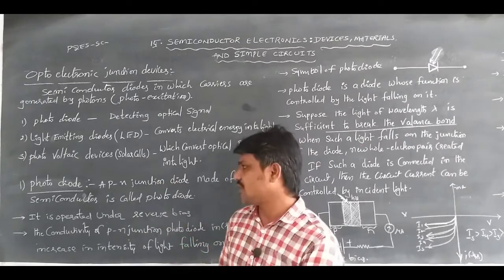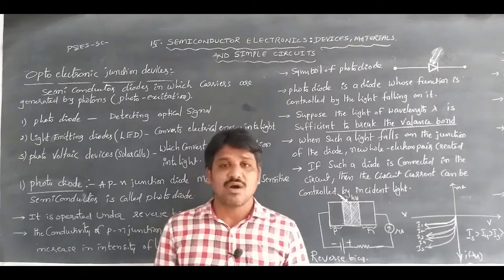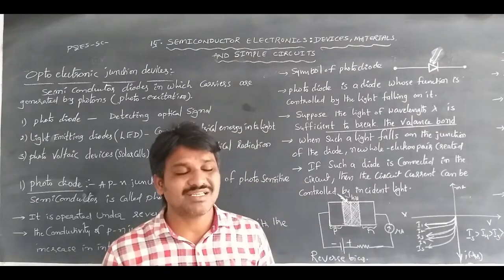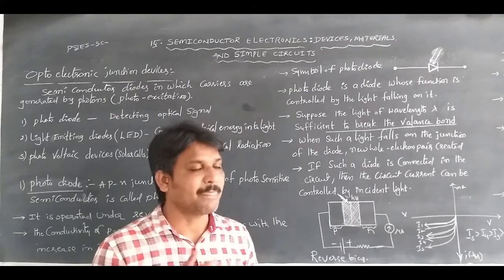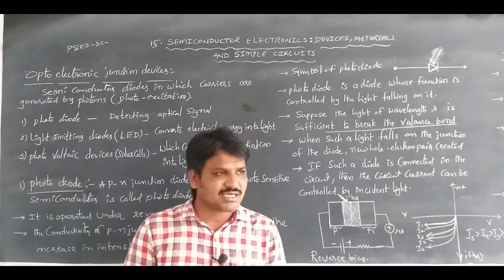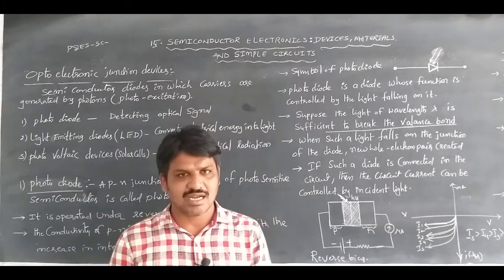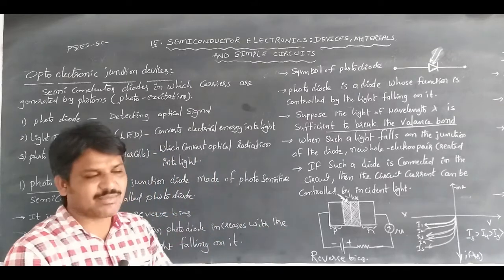Next we are going to discuss the applications of the photodiode, meaning in which devices photodiodes can be used. Normally we can say clock radios as well as camera light meters.